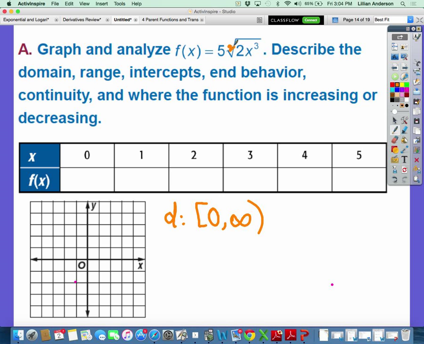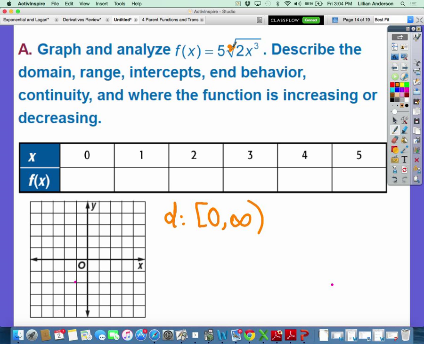Since n, the root, is a 2, which is even... How do you know what to do? Because it's a square root. A square root goes together with being squared, which is the number 2.